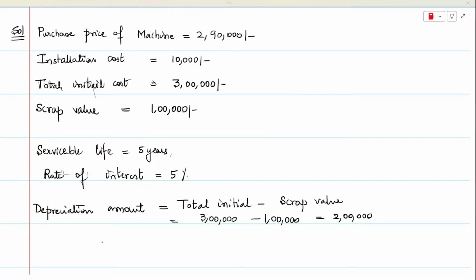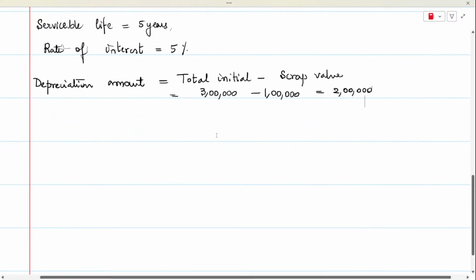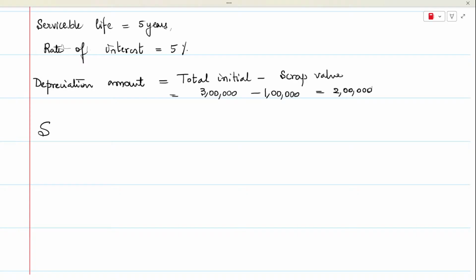Next is sinking fund factor. Sinking fund factor is equal to i divided by (1 plus i) whole power n minus 1.